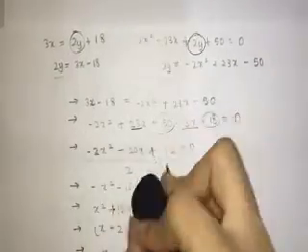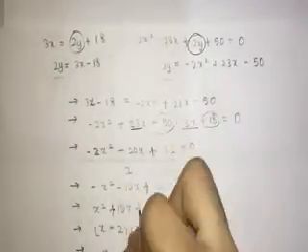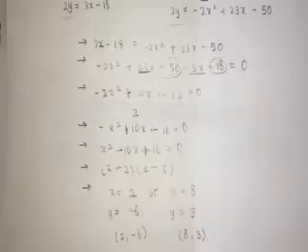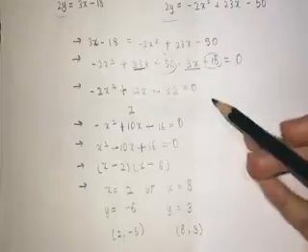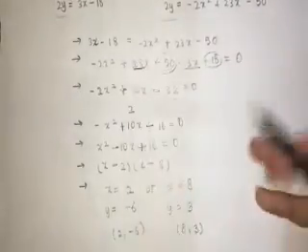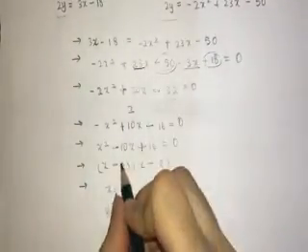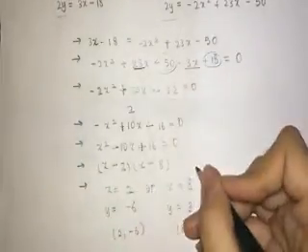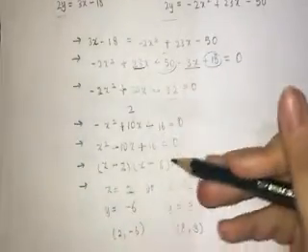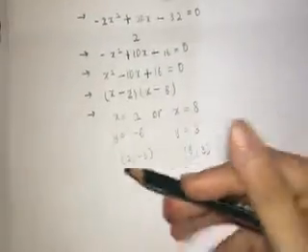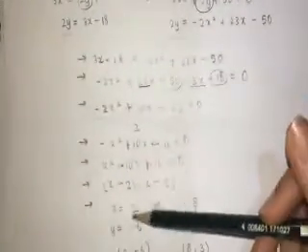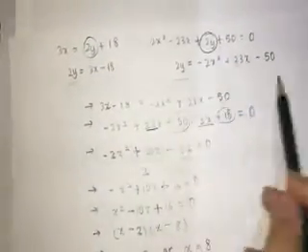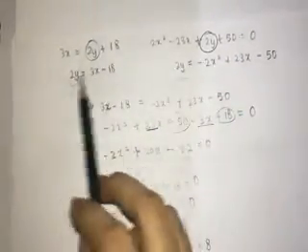This is a plus. Just now there were a few mistakes in my calculation, which I have just corrected, which can now be properly factorized as x minus 2 and x minus 8, which gives us x is equal to 2, x is equal to 8, and we have found the coordinates by putting these x values into this or this, whichever you wish. I have used this as it is easier.